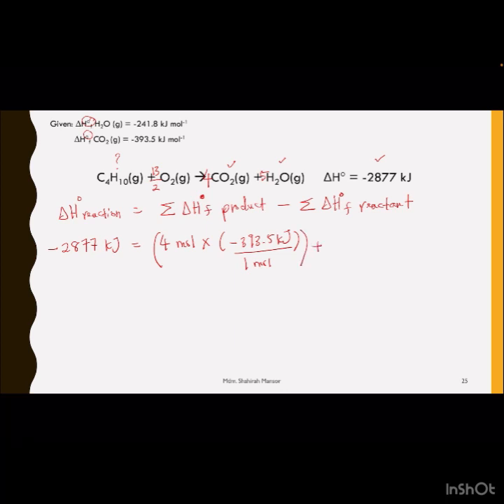Plus the other product, which is water. Water in gaseous form will have a different enthalpy of formation value. So gaseous water, the enthalpy will be negative 241.8 kilojoule per mole, again over 1 mole. And minus 1 mole of our unknown, C4H10.